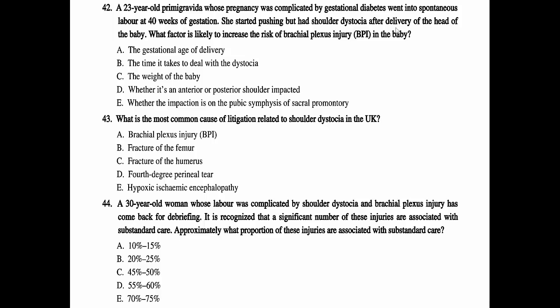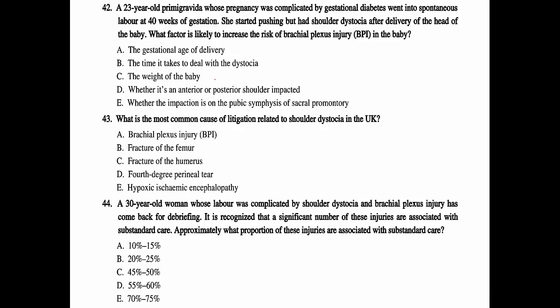A 23-year-old primigravida whose pregnancy was complicated by gestational diabetes went into spontaneous labor at 40 weeks of gestation. She started pushing but had shoulder dystocia after delivery of the head of the baby. What factor is likely to increase the risk of brachial plexus injury in the baby? The gestational age at delivery, the time it takes to deal with the dystocia, the weight of the baby, whether it's the anterior or posterior shoulder impacted, whether the impaction is on the pubic symphysis or the sacral promontory.